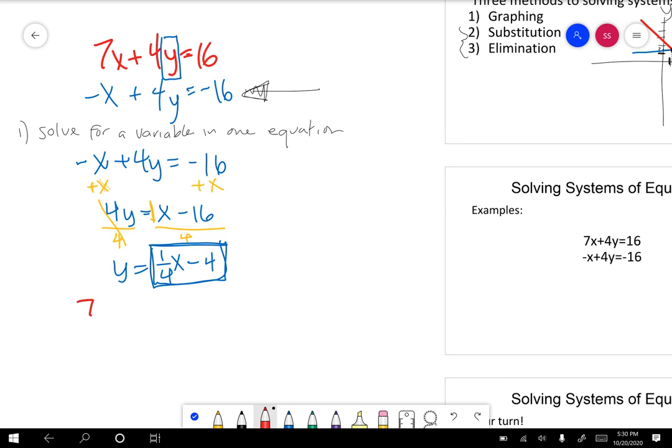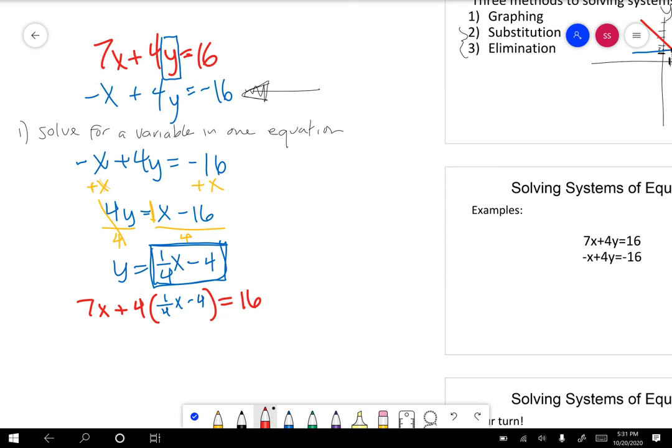We're going to have 7x plus 4 times y, which now we know that y equals 1/4 x minus 4. So let's write 1/4 x minus 4 equals 16. Okay, so if that doesn't make sense how I got that, just remember that we just solved for y in one of the equations.